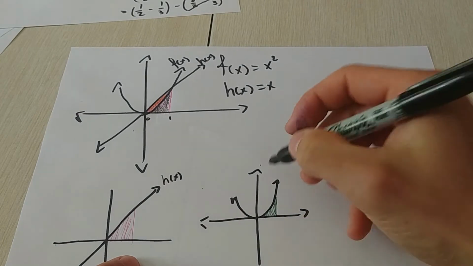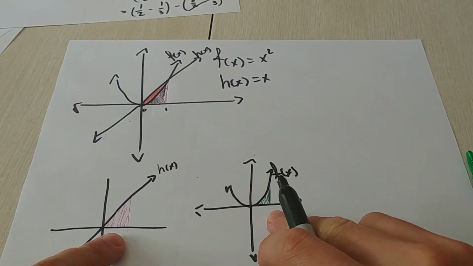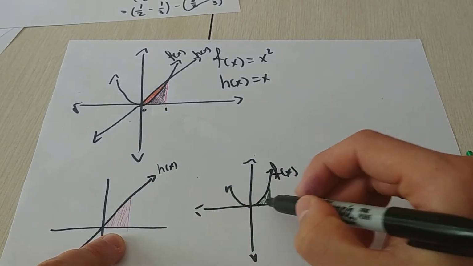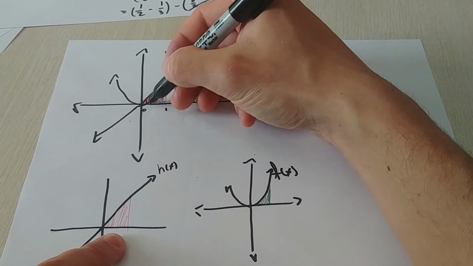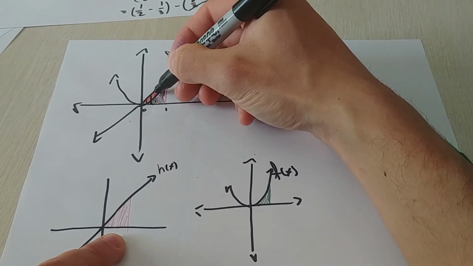So look at these graphs. So this is f of x. I guess I didn't draw it in proportion, but basically, when we take the h of x area and subtract the f of x area, so if we take this entire area and subtract this smaller area, we'd be left with this orange portion.